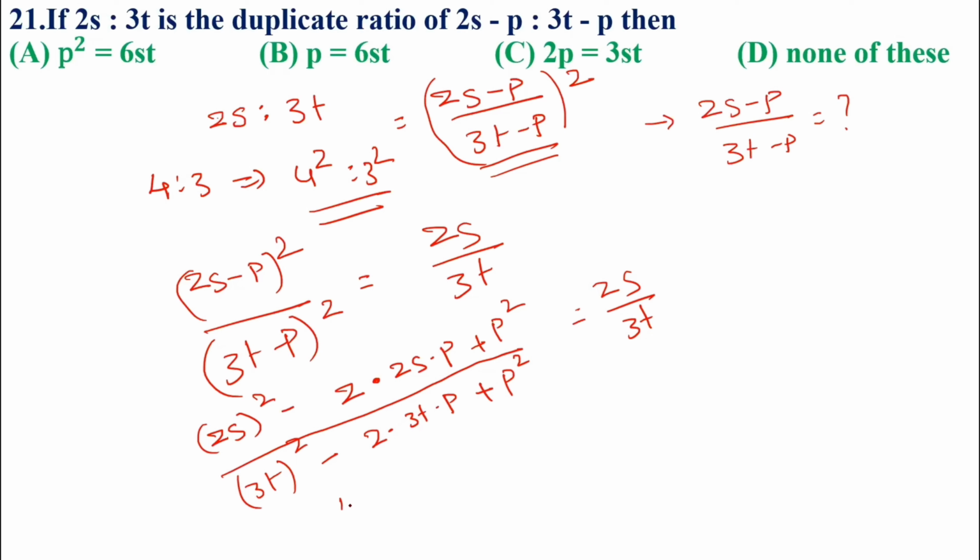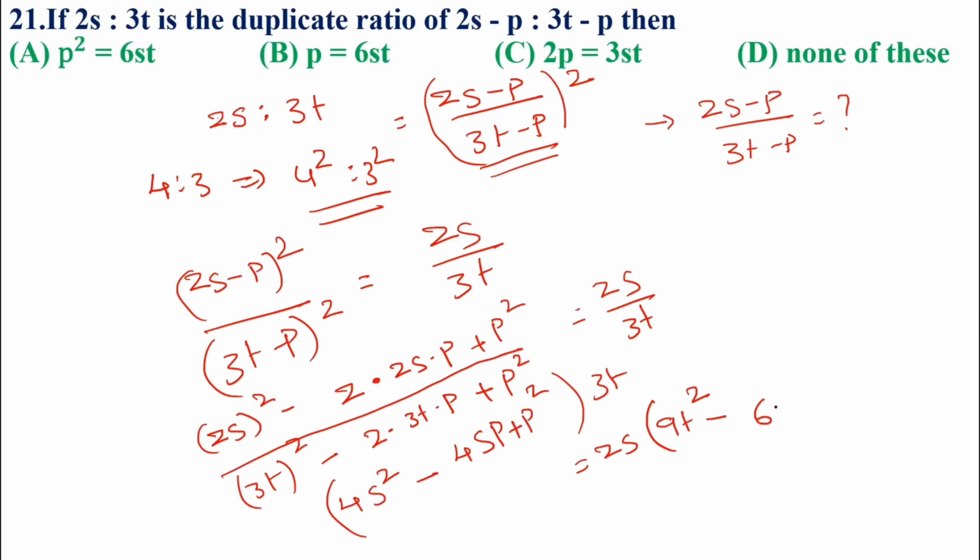Then what is the value? 4s square minus 2 into 2, 4, 4sp plus p square into 3t is equal to 3 square means 2s into 9t square minus 6tp plus p square. 3s square t.